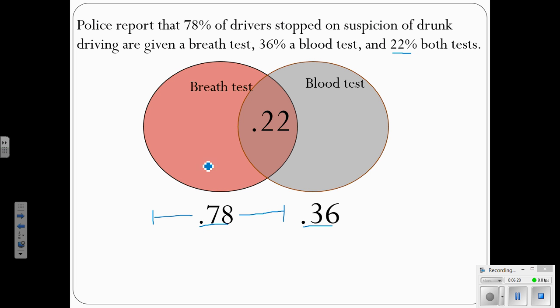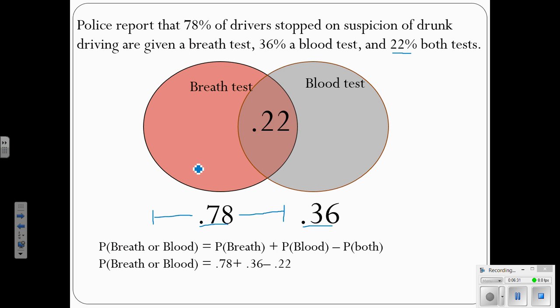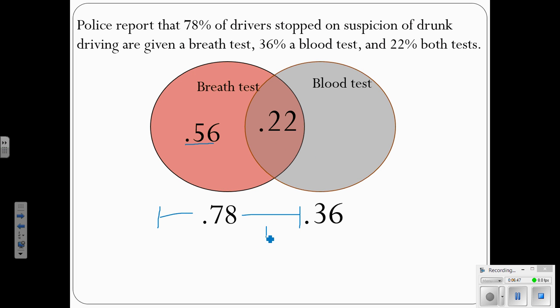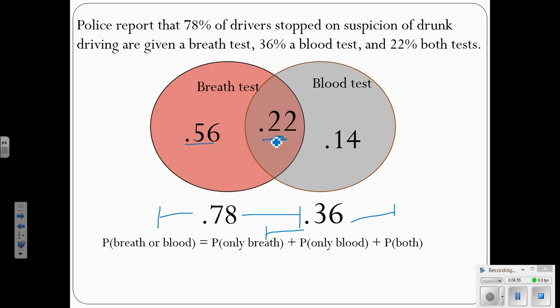So there's a chunk of people we're missing that just took the breath test. We'd take that 78% and subtract the 22% that's already accounted for. The same thing with a blood test. If this whole group is 36%, 22% of the people are accounted for in this overlap, which means only 14% got just the blood test.